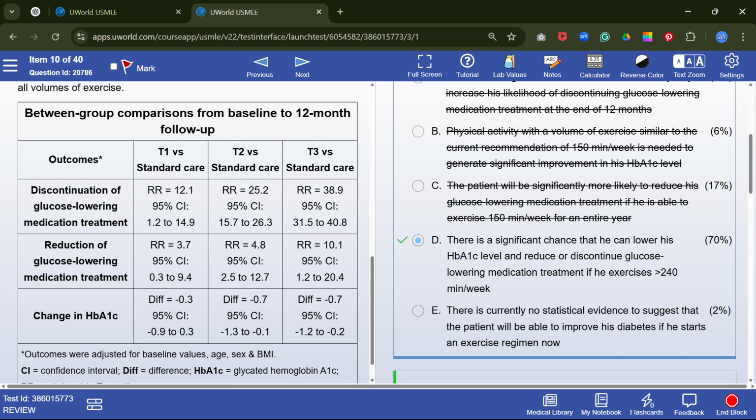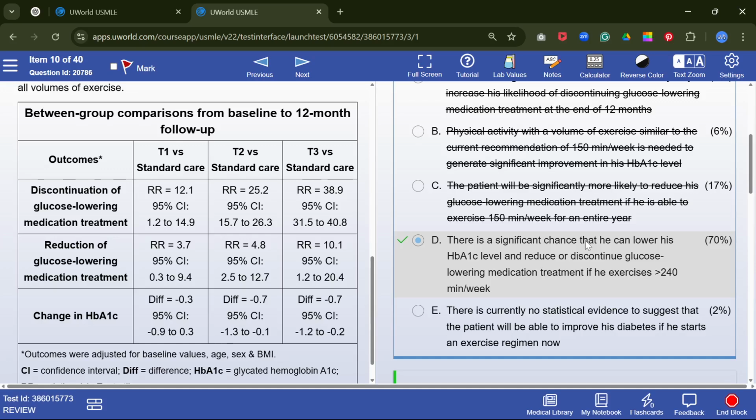So this is right because it caused significant change, similar to T3 but more than T1. So this is the answer, that's why. But here you're not looking just at A1C, you're looking at all of them. You see, it says reduce, discontinue, A1C. You're looking at all of it: discontinue, reduce.